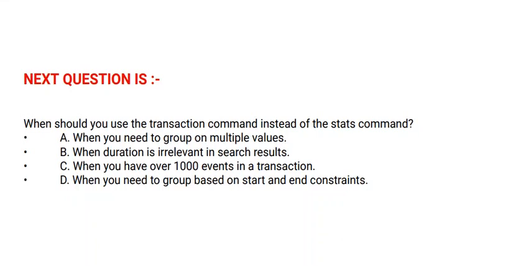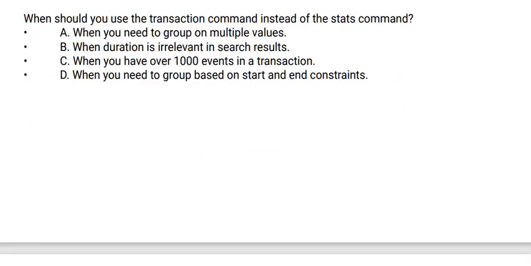Option C, when you have over 1,000 events in a transaction. And option D, when you need to group based on start and end constants. The correct answer is option D.